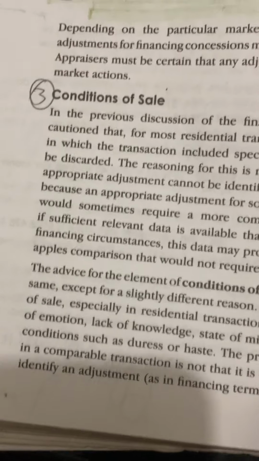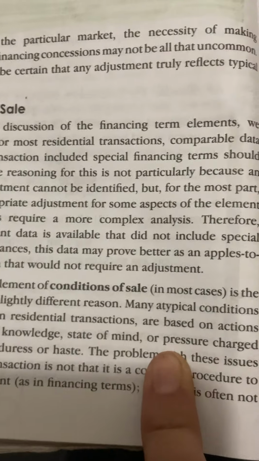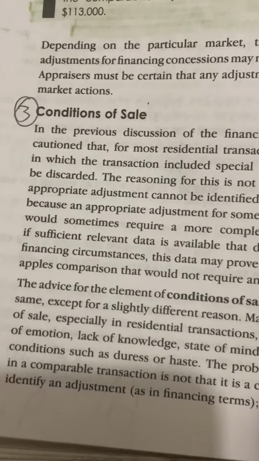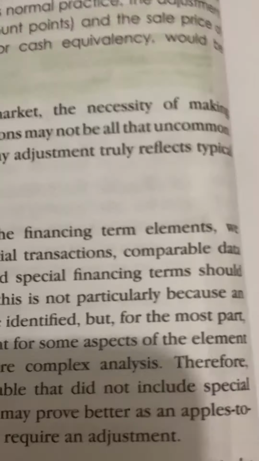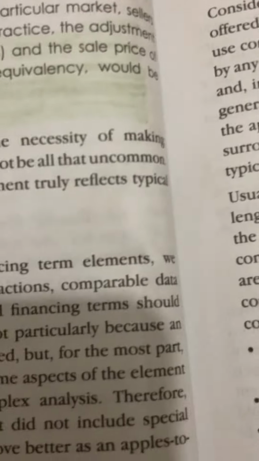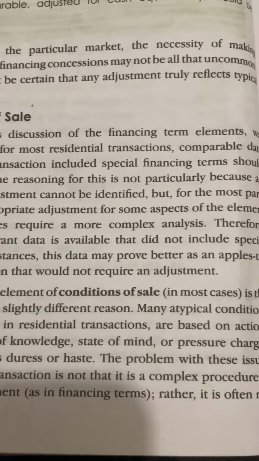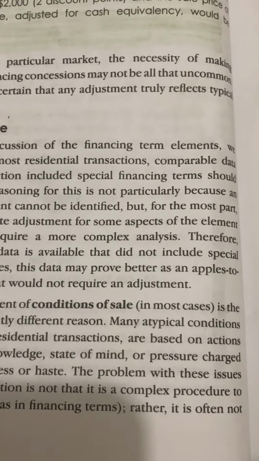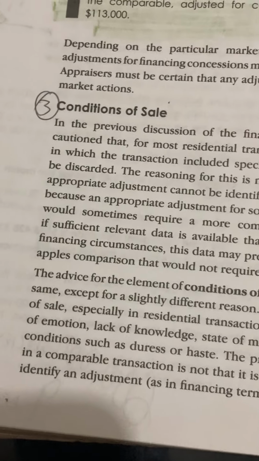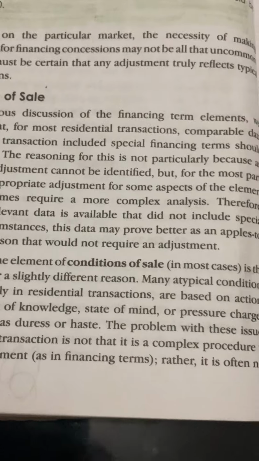Therefore, if sufficient relevant data is available that did not include special financing circumstances, this data may prove better as an apples to apples comparison that would not require an adjustment.